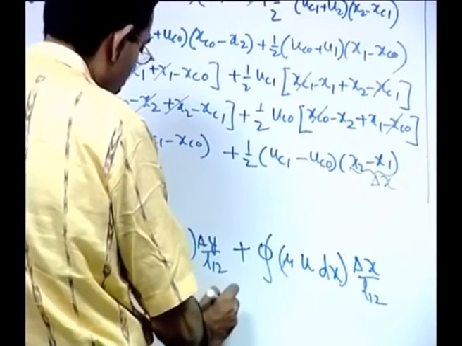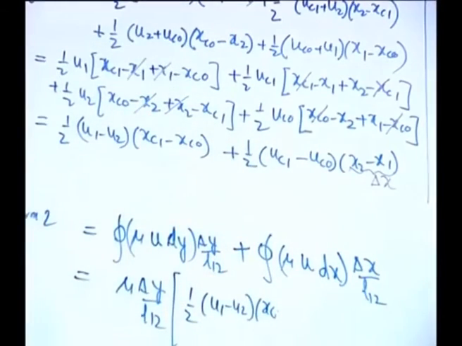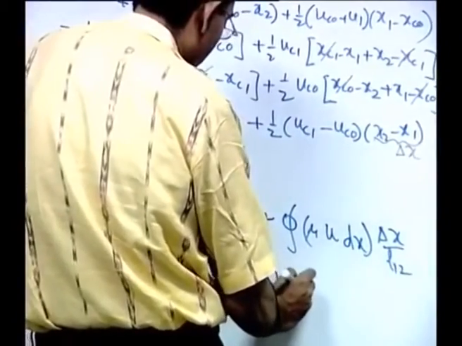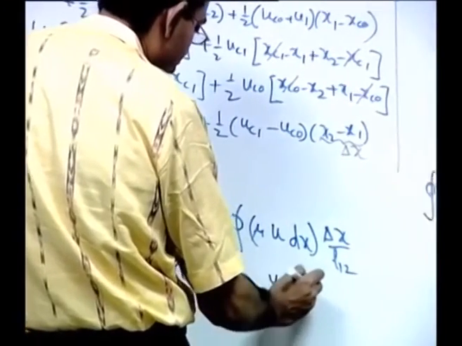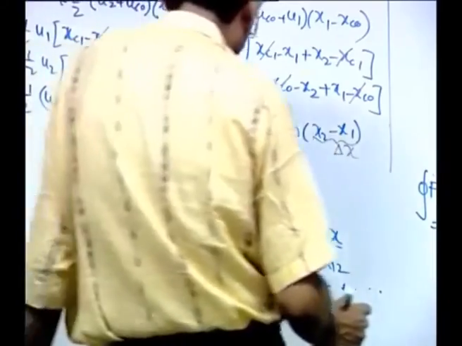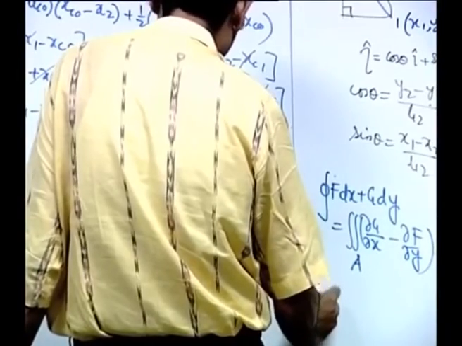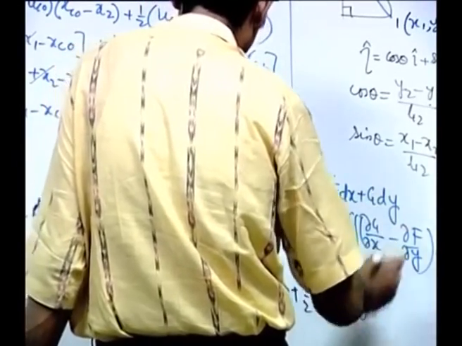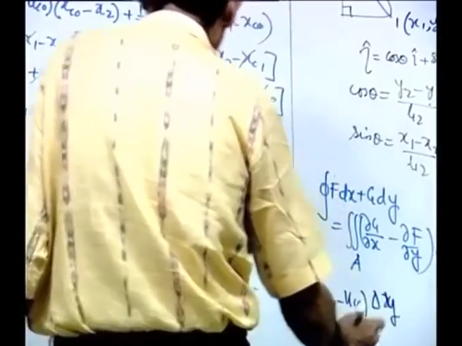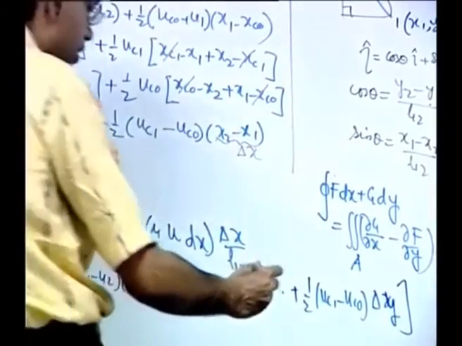So half into u1 minus u2 into, in place of x it will be y, yc1 minus yc0 plus 2 other terms, plus half into uc1 minus uc0 into delta x, sorry delta y, plus 2 other terms.